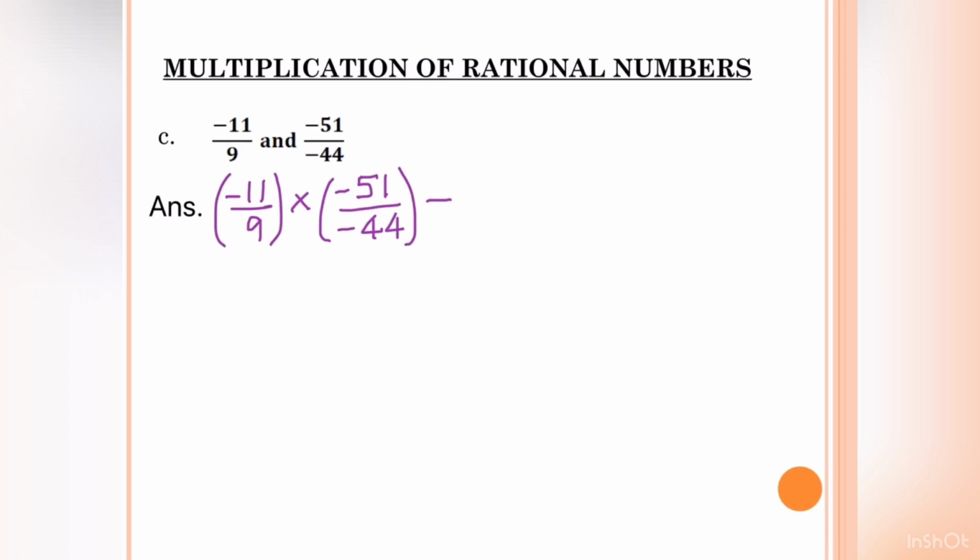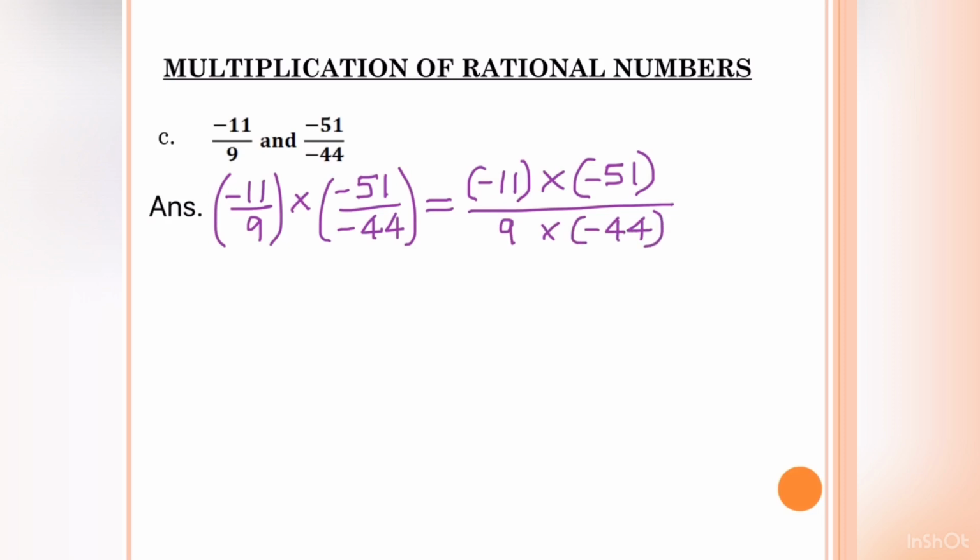This expression is equal to the product of their numerators by the product of their denominators. In this expression, 11 and 44 have 11 as a common factor. So let's cancel it. 11 times 1 is 11. 11 times 4 is 44.